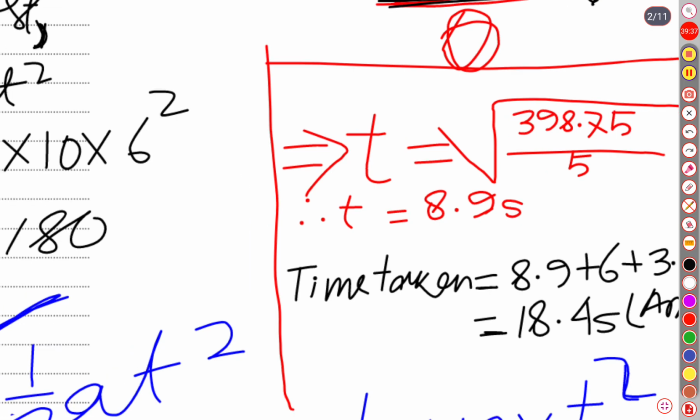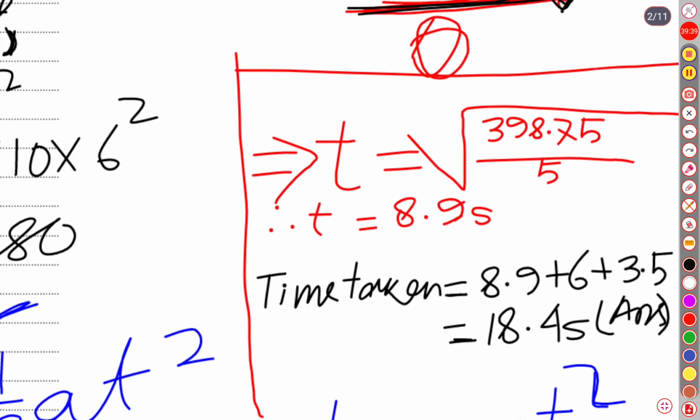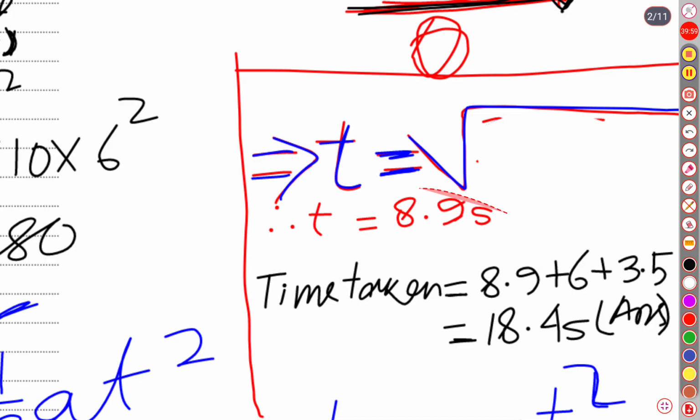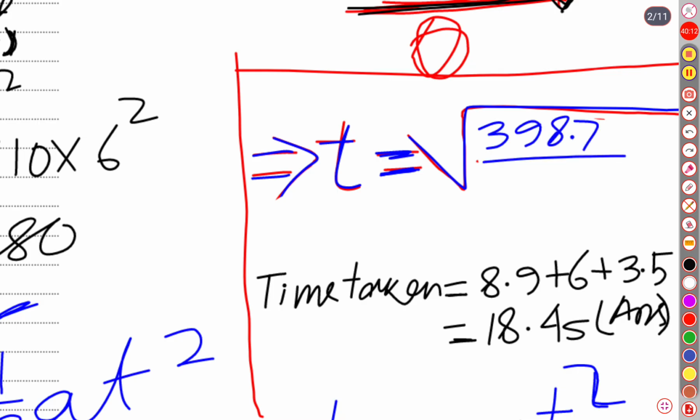If I change this ink just for a few seconds, it is going to be T equal to 398.75 over 5.